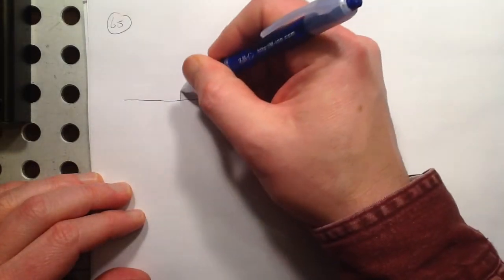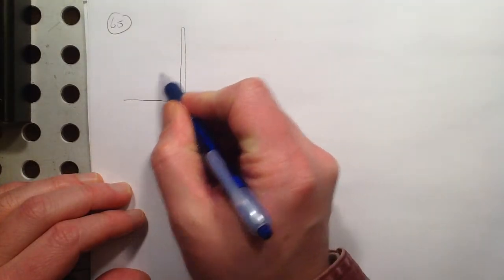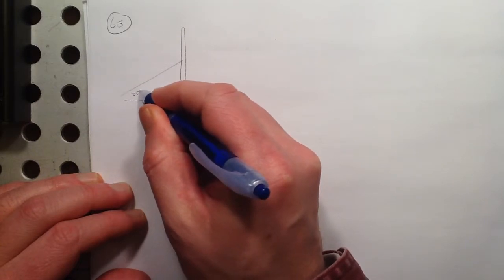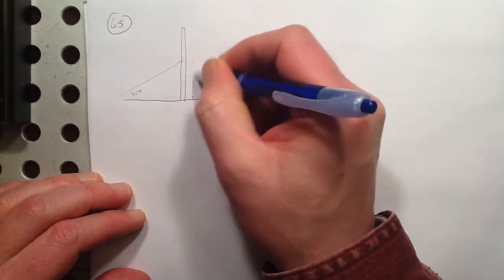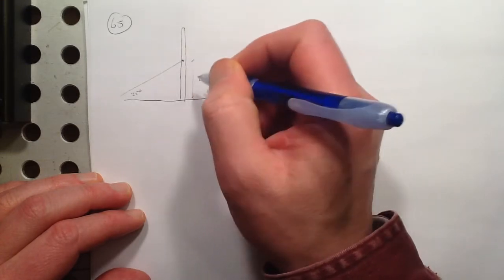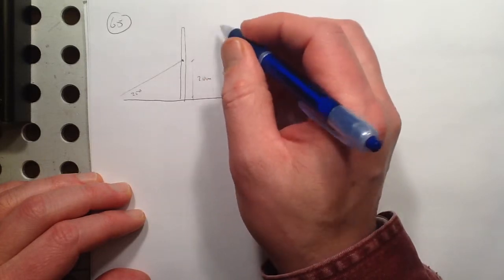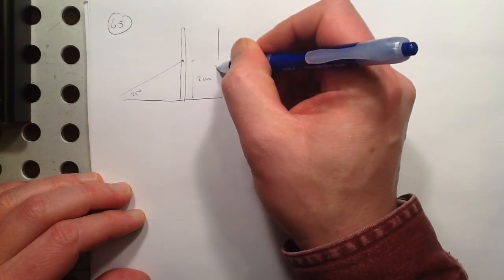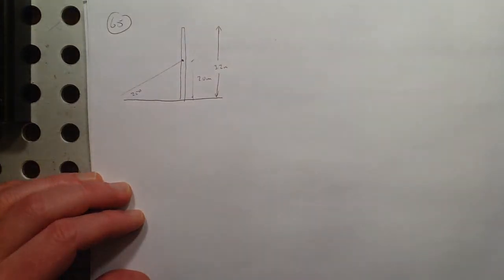We've got a beam here and a cable attached to it here. This is 25 degrees, and I think this is 2 meters where that's attached, and the whole beam is 3.2 meters.